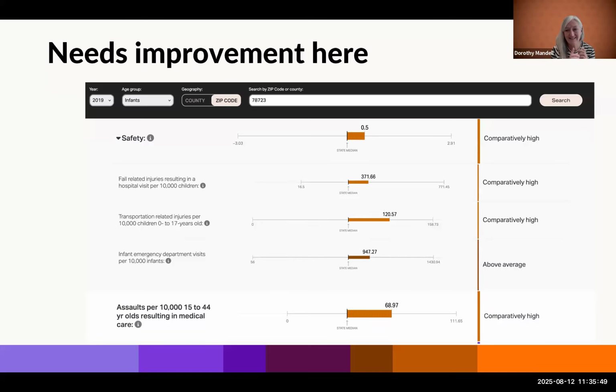The other thing that we see is a large assault rate within the community. For teens and adults, we see a comparatively high rate of assaults leading to medical care in this community as well. So there are some safety issues going on in this zip code. So let's go to the next slide.